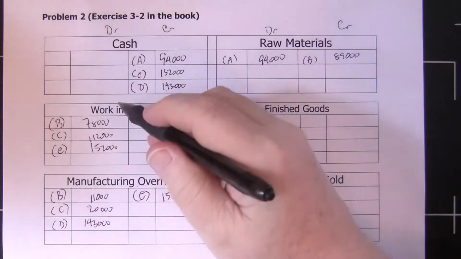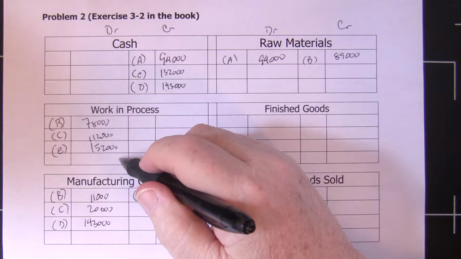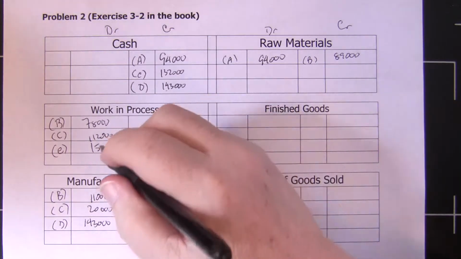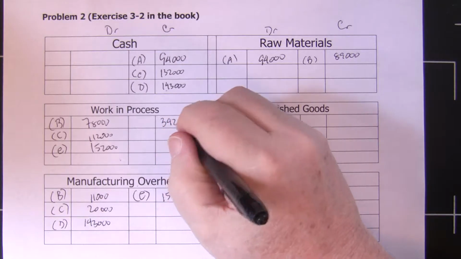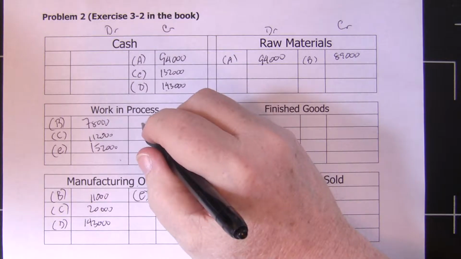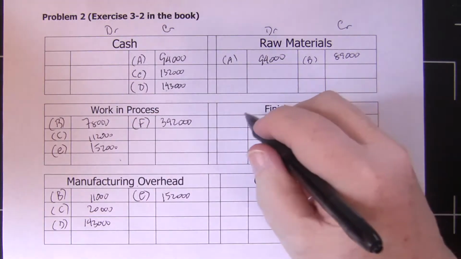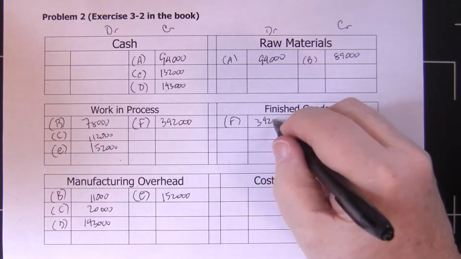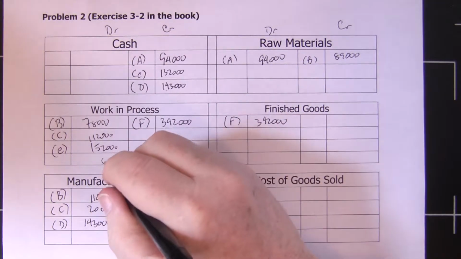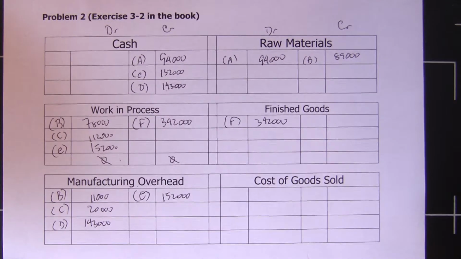So if you add this up, it adds up to $342,000. So we're going to transfer it all out to finished goods. That makes that 0.